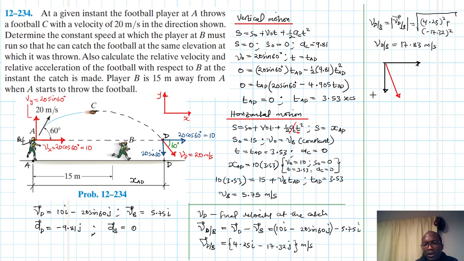So this one is v_D with respect to B in y, and this one is v_D with respect to B in x. Then this one is just v_D with respect to B. Okay, and then we have the angle there like this.